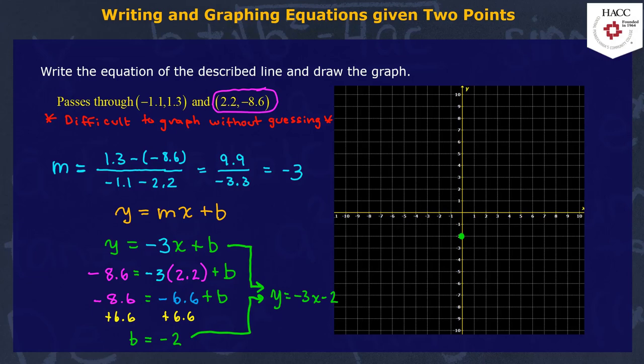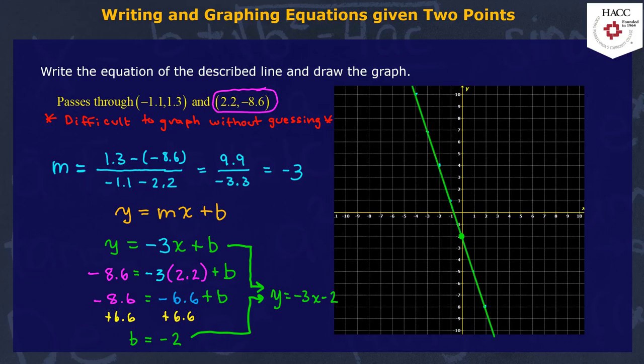The slope can be interpreted as negative 3 over 1 or 3 over negative 1, which means I either have a rise of negative 3 and a run of 1, which means down 3, right 1, or I have a rise of 3 and a run of negative 1, which means up 3 and left 1. So that information from the slope would give me these additional points, and of course that would allow me to draw the line that passes through all of them.